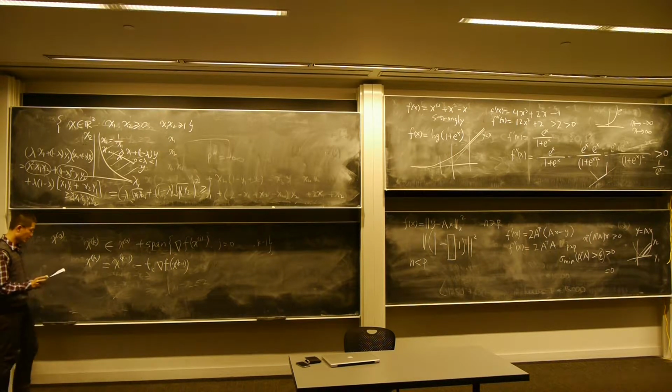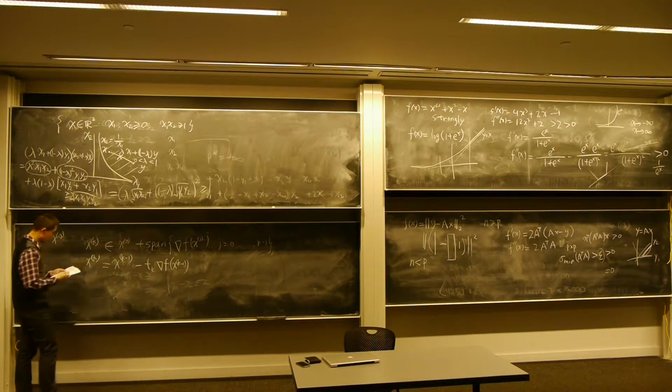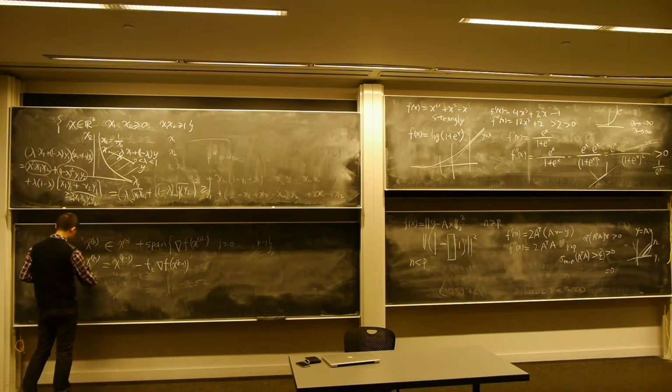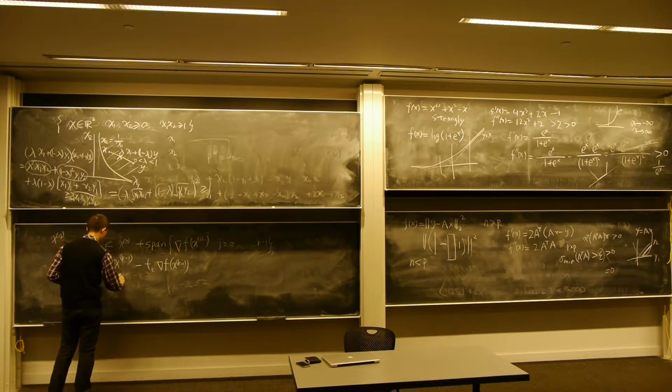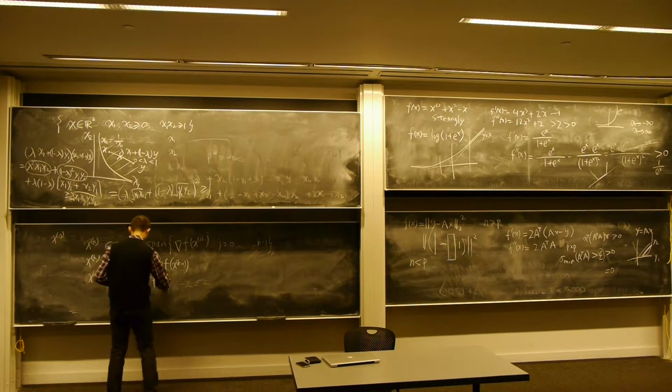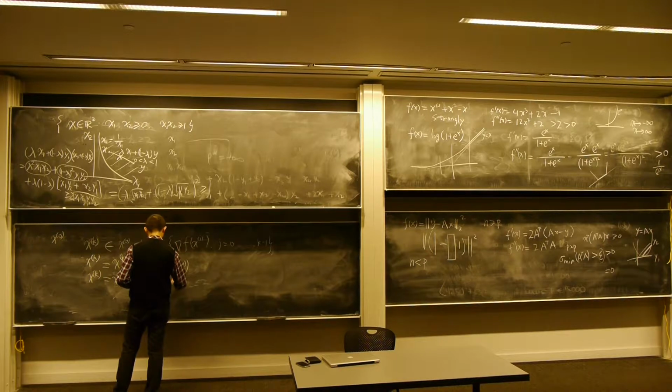The second part is whether Newton method is a first order method. The Newton method update rule has this Hessian at step k minus 1.